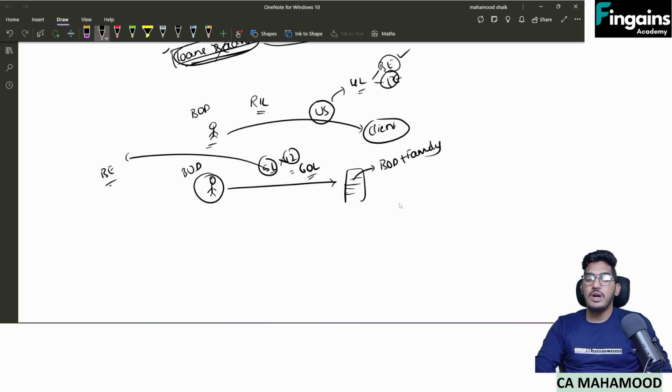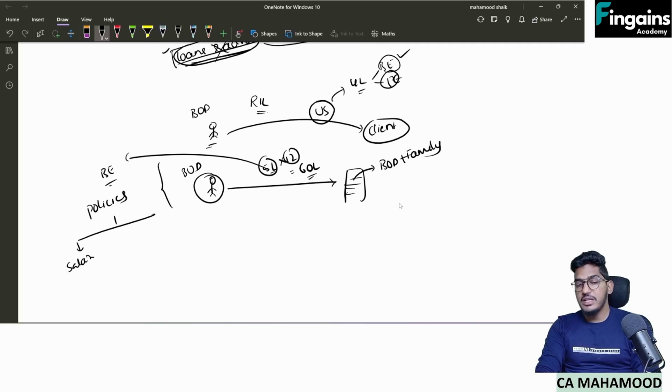Why? Because we need to understand the policies of the company. Some companies, like Reliance Industries Limited, have a policy that the board of directors' remuneration includes accommodation expenses as part of their salary.